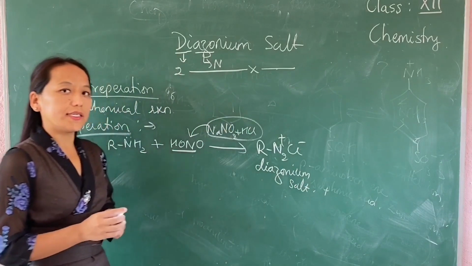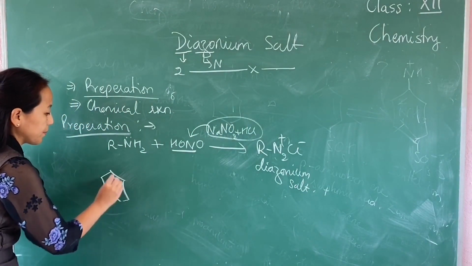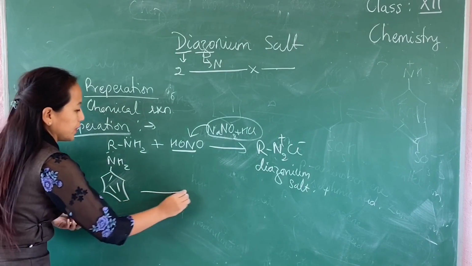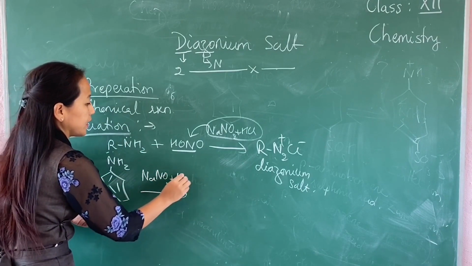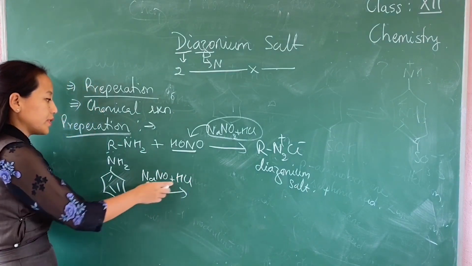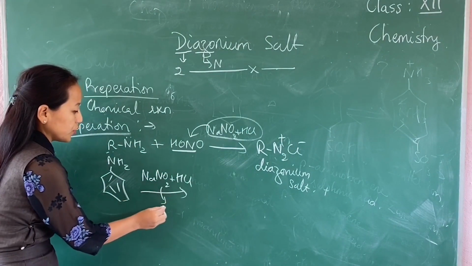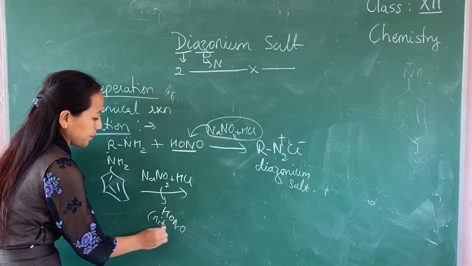Now let's take an aromatic amine. Let's say I have aniline. When you treat aniline with sodium nitrite, NaNO2 plus HCl, now these are added freshly during the reaction. Now this leads to the formation of HONO, which is your nitrous acid.